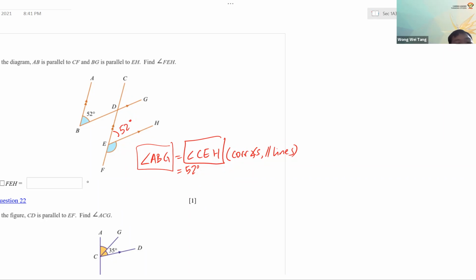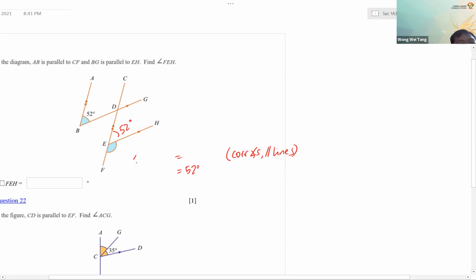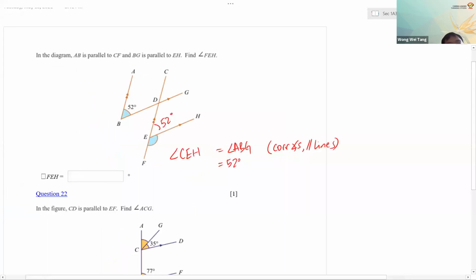Okay, so I would prefer that you switch these two around. Put angle CEH on the left-hand side. This angle that I want to find is equal to angle ABG, and it has a value of 52. What next?